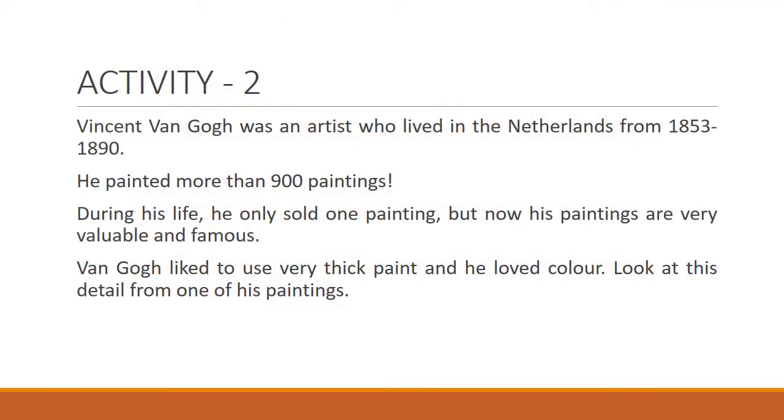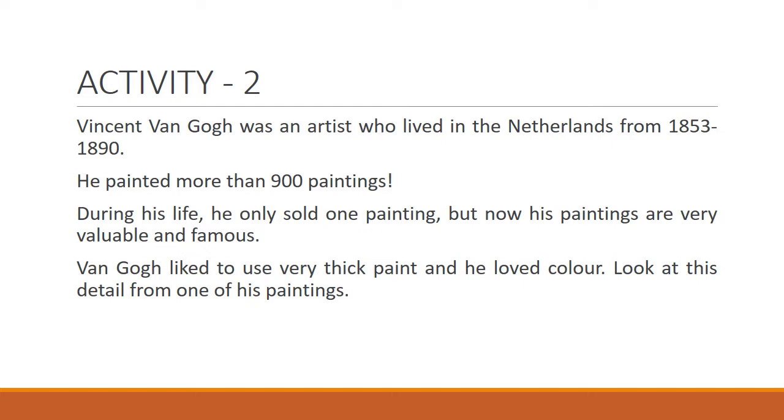Activity 2. Vincent Van Gogh was an artist who lived in the Netherlands from 1853 to 1890. Well, students, Vincent Van Gogh. Well, you must be thinking like it is G. The thing is that his name is pronounced wrong by most of the people.